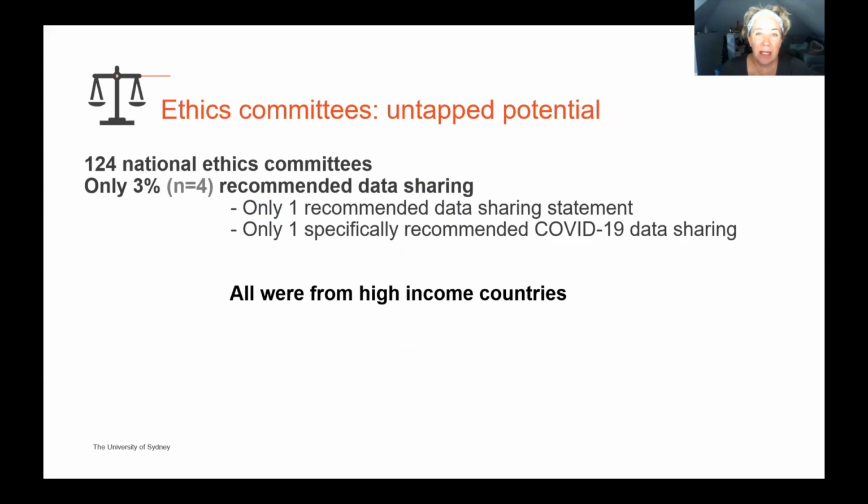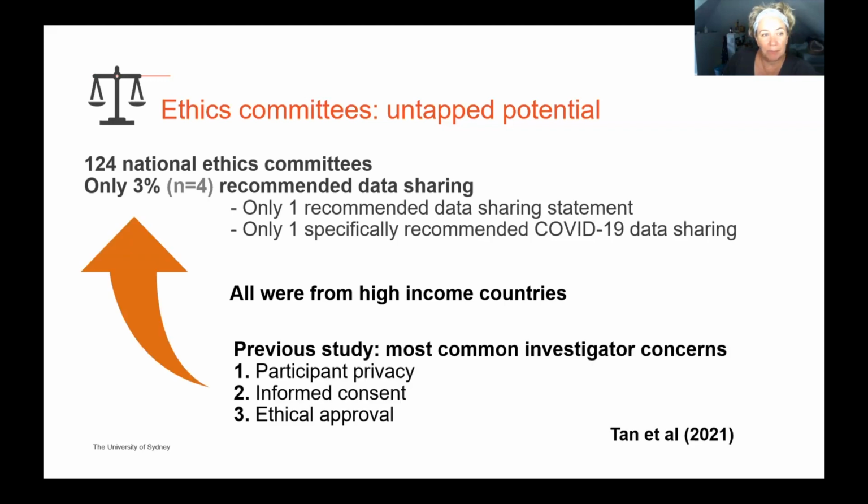I mention that particularly because the positive outcome from the pandemic, as we know, was that it made us all have a look at the processes that we have for doing and generating new research, and stimulated quite a lot of efficiencies that previously had been stagnant. Of these national ethics committees that did promote or appear to recommend data sharing, they were all from high-income countries, none were from the middle-income settings.